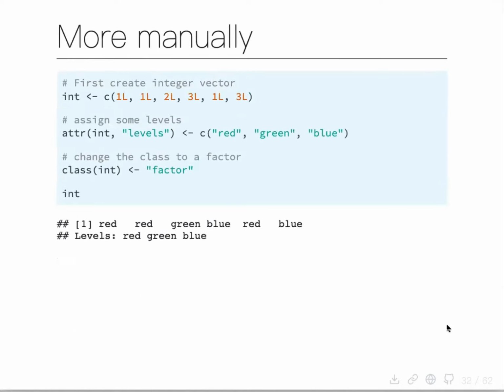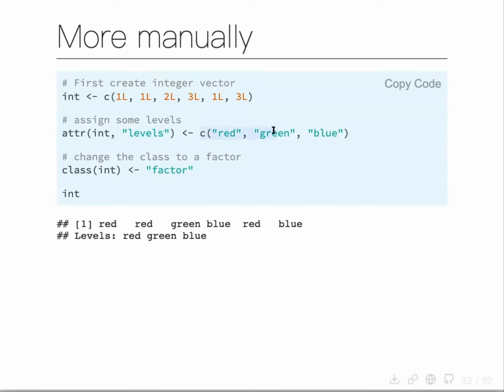We can do this more manually without using the factor code like this. First we create an integer vector, which I'm saying is 1, 1, 2, 3, 1, 3. Then I'm going to assign it some levels. So I'm saying attributes of int, create a levels attribute. There are only 3 integers, 1, 2, 3, but 1 is repeated 3 times, 2 once, and 3 twice.